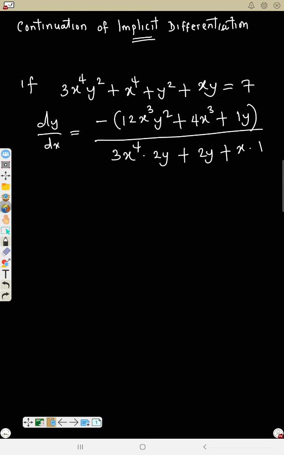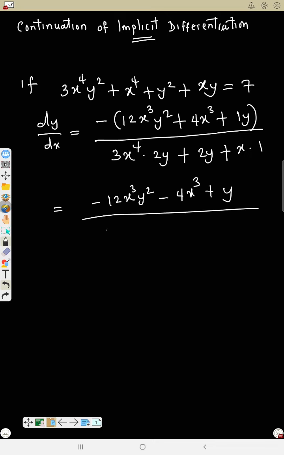So that's it. Now you can just use the minus to open the bracket, that will be minus 12x raised to power 3 y squared minus 4x raised to power 3 plus y, that is 1y, divided by, now you can arrange, 3 is there already, but the 3 you use to multiply the 2, so you can multiply numbers that way because it's times. 3 times 2, 6x raised to power 4, then followed by y.